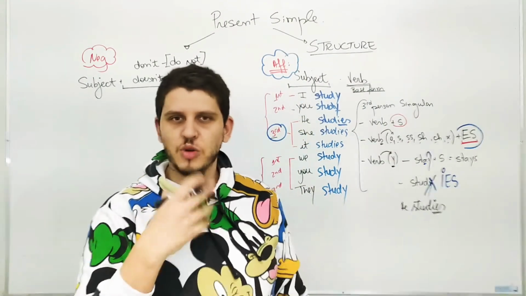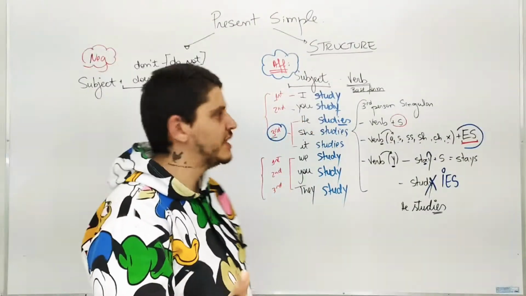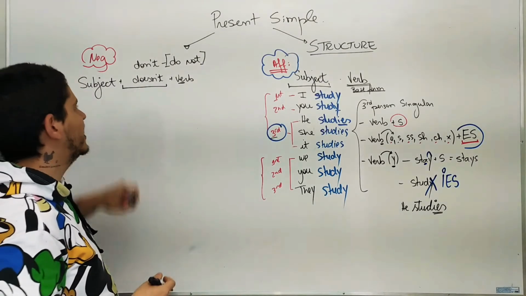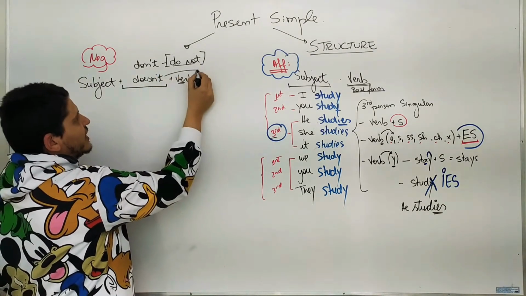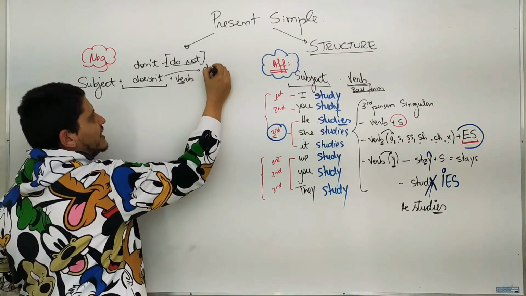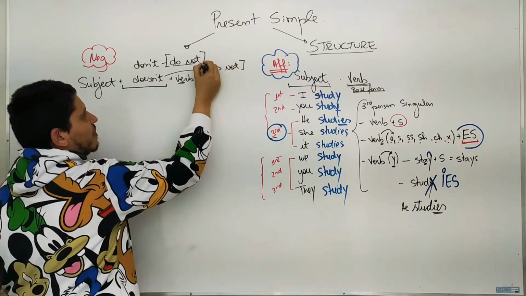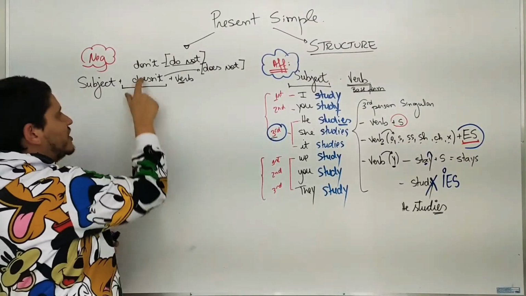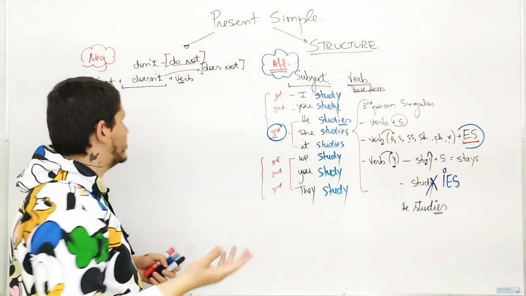When we're speaking normally, like talking to a friend in a day-to-day conversation, we just use don't, okay? Or doesn't. But if you're writing, you can use do not, and for doesn't, you can use does not. It's also possible, okay? They are the same. I will stick to don't and doesn't because they are more common. They happen more frequently in the language.